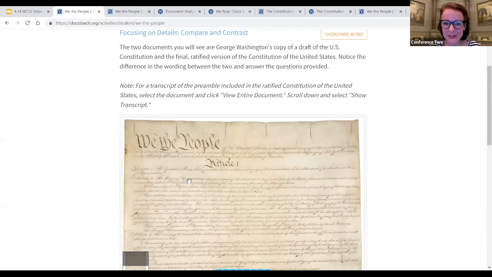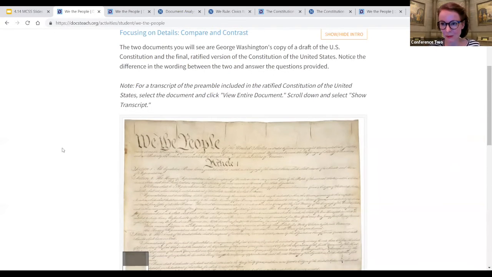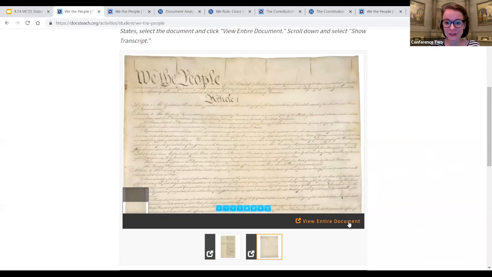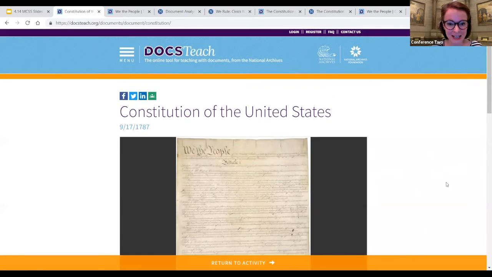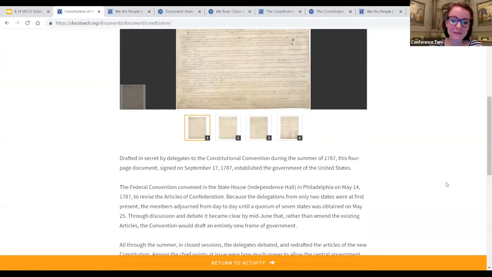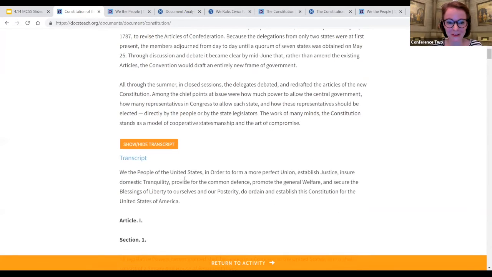So what I'd like you to do is take a moment and take a look at the two preambles and see if you can spot any differences between the opening of the draft version and the final version. And just so you know, for your students, if that cursive is challenging, as it can be, if you click on view entire document, you will find a transcript available, and you can find a text version of the preamble there.